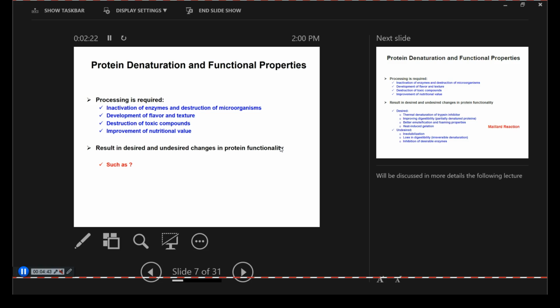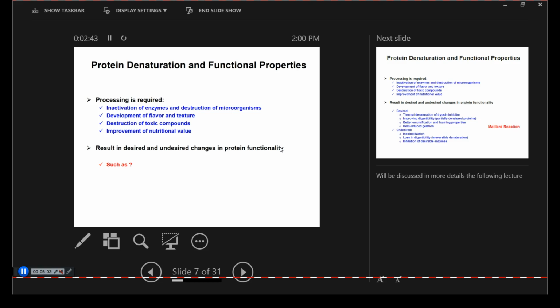We usually target enzymes to be inactivated by thermal treatment, and obviously destruction of microorganisms. So food is thermally treated for inactivation of problematic enzymes and destruction of microorganisms.